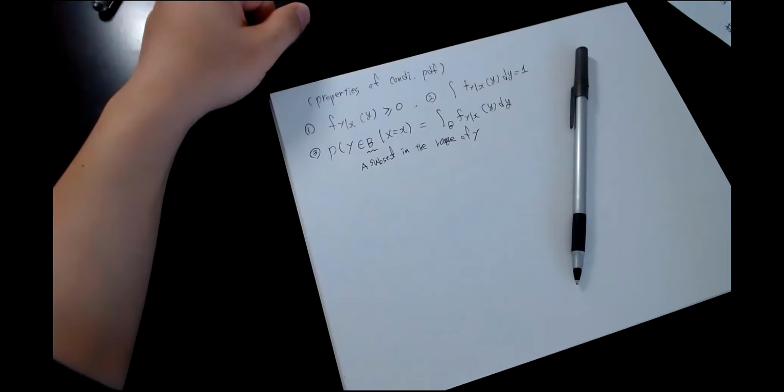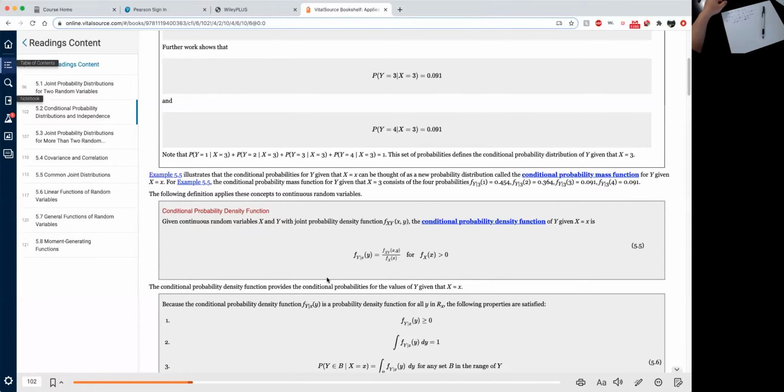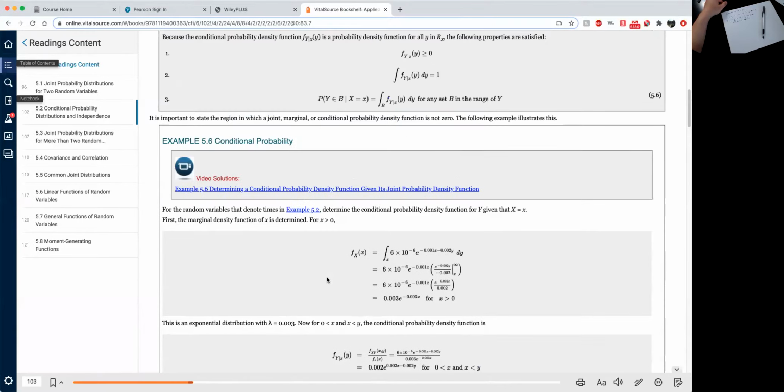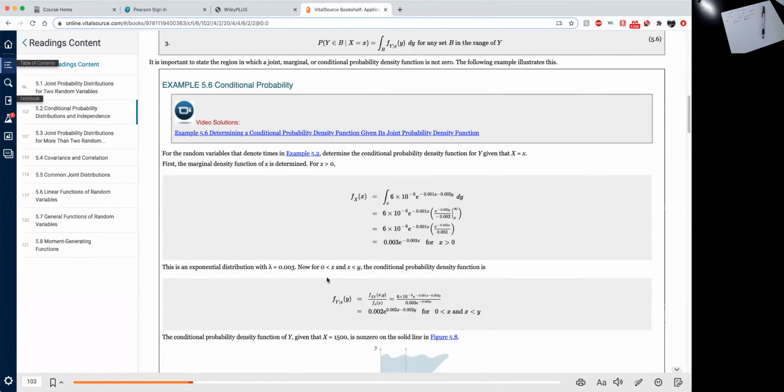Example 5.6. So let me share. Look at this conditional probability. For the random variables that denote times in example 5.2, remember, one is the time the machine connects to the server, and the other random variable denotes the time the machine recognizes you as a user.